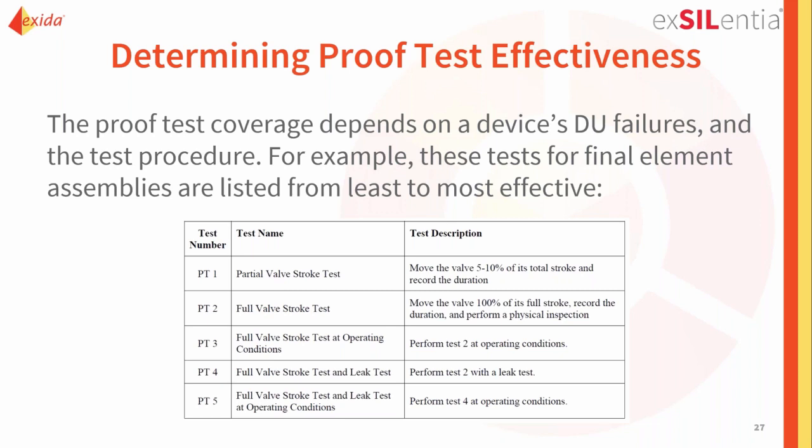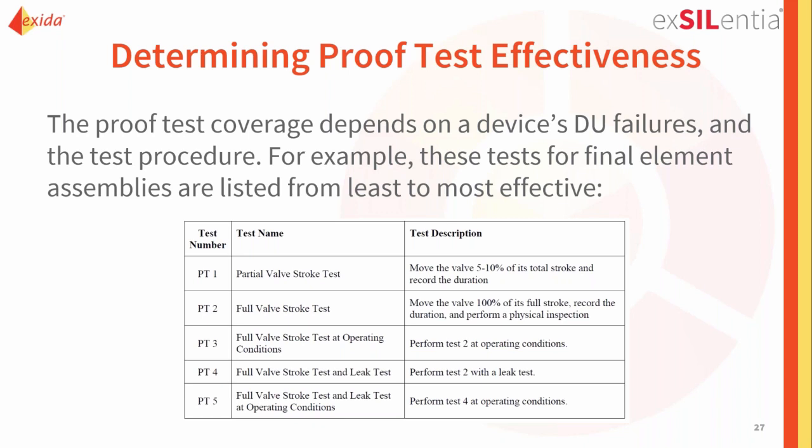So there are different types of tests with different levels of effectiveness, very easily seen for a final element. And you may perform a SIL verification calculation and come to the conclusion, you know what, that full stroke is all I need. I need a SIL 1 safety function, and full stroke is everything I need. I test once a year and I'm happy. Whereas you may get to a point where you want to test once every 2 years or once every 5 years. Can we go with a longer interval? And maybe as a trade-off, we have to do a more extensive test.